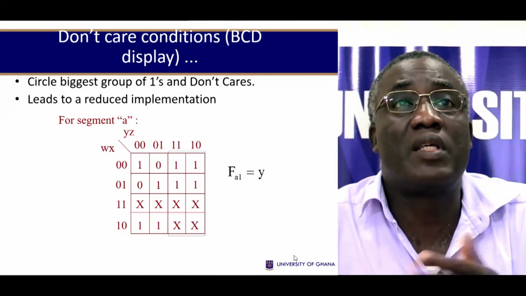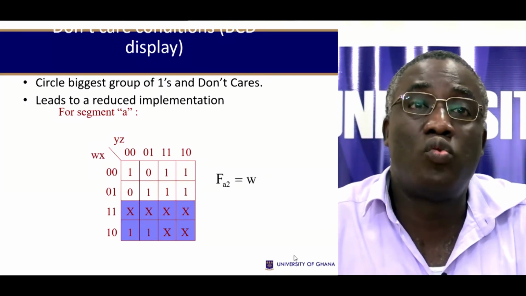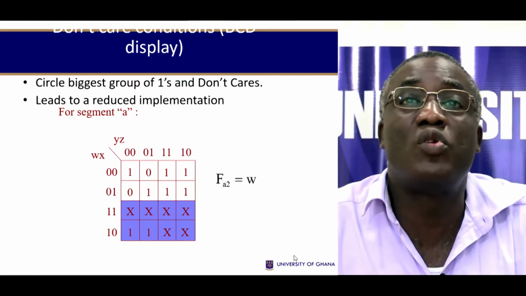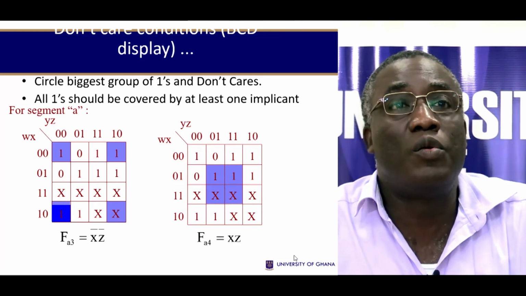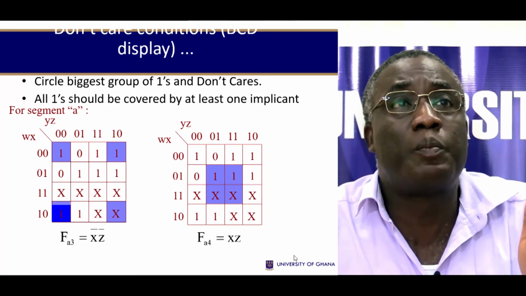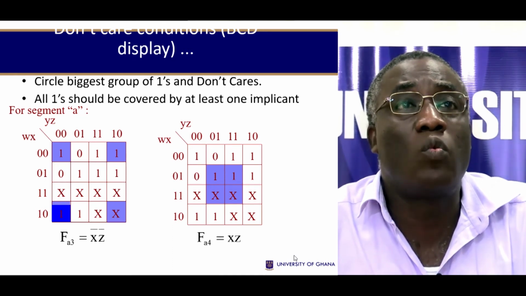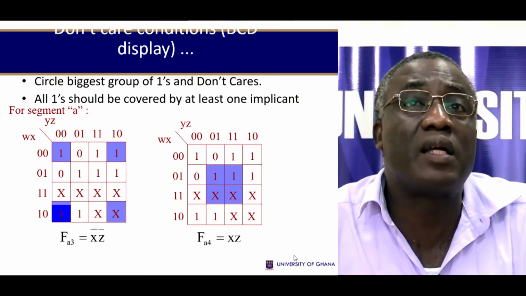So segment A. You see, like I was saying, you can put 1s, all of them, and then you can minimize the whole of this, which will result in just W there. So we can write the functions for each of the segments, all the ones that you are minimizing. So you had 1s in these corners, and there's an X there, so you can actually minimize that.